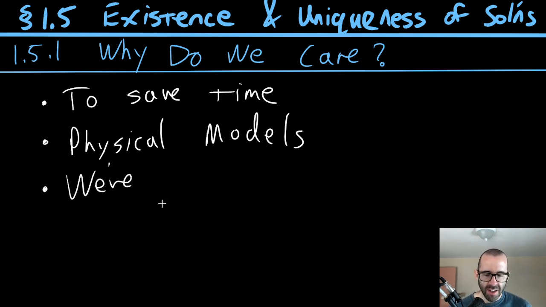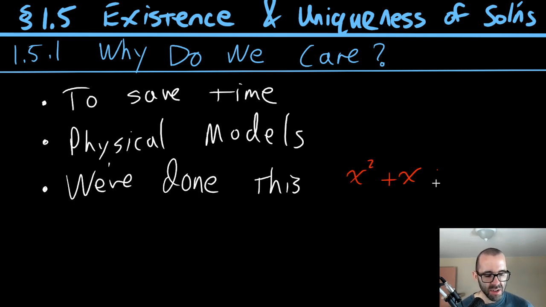One of my favorite things to talk about is that we've already done this. Not with differential equations, but we've certainly done it with equations such as x squared plus x plus 1. If I ask you to solve this equation, you know the solution doesn't exist because we can look at the discriminant of the quadratic formula.